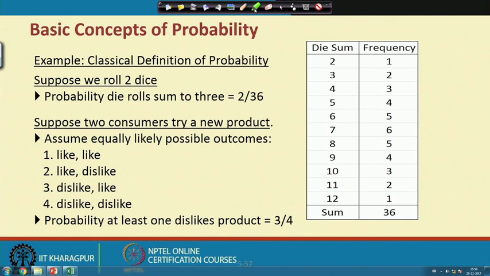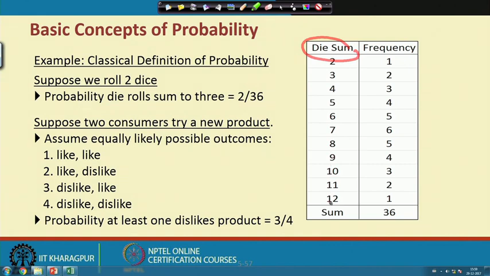Now, how do we understand probability here? We have discussed frequency and cumulative frequency in the previous units, and that will be very useful in this case to understand the concept of probability. When you throw 2 dice simultaneously, what sums can we obtain? The possible sums are 2, 3, 4, 5, 6, 7, 8, 9, 10, 11, 12.